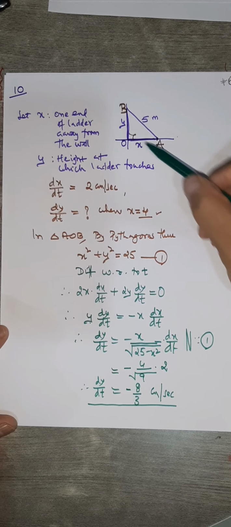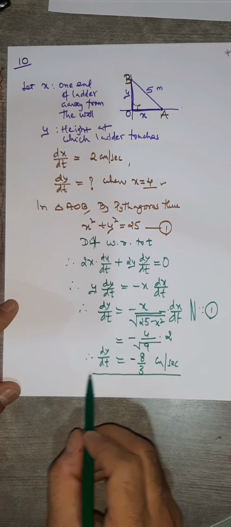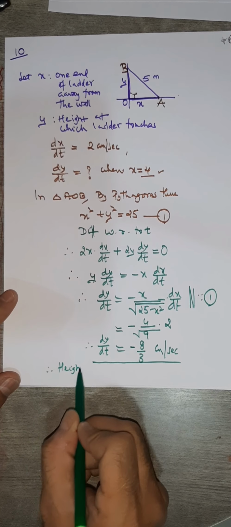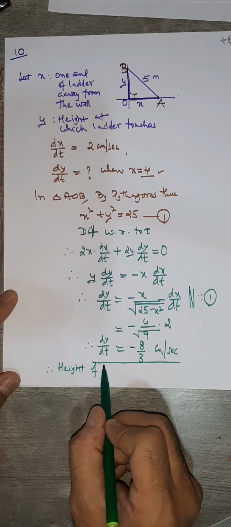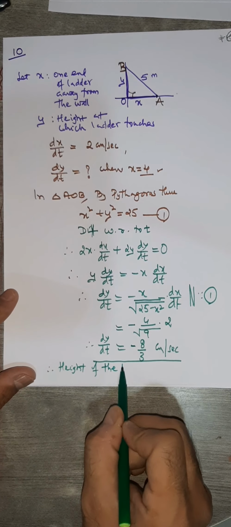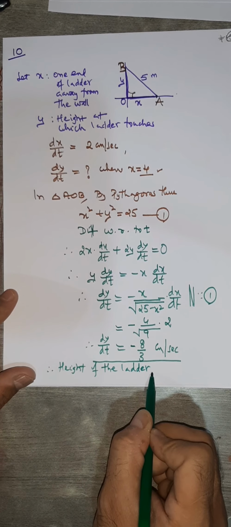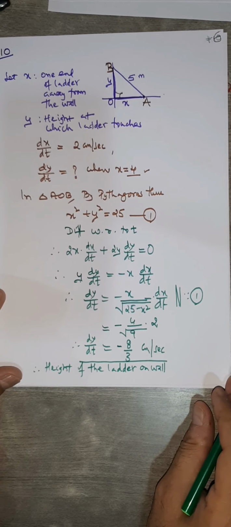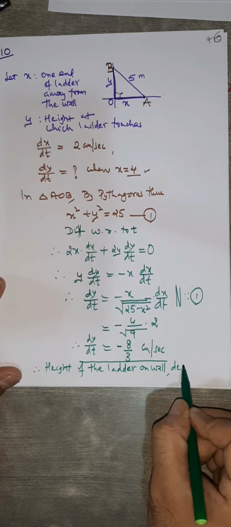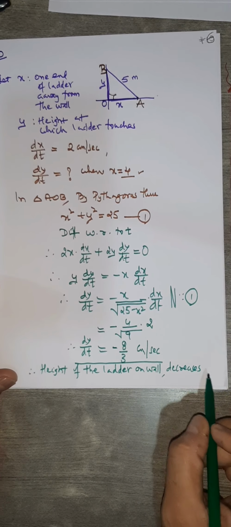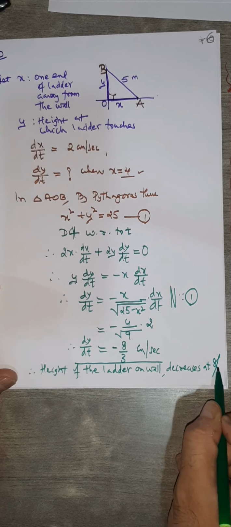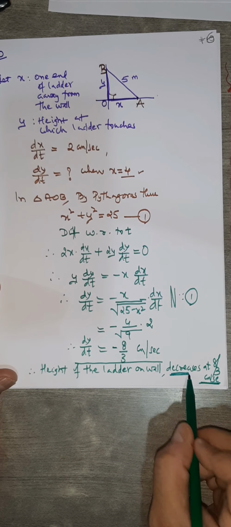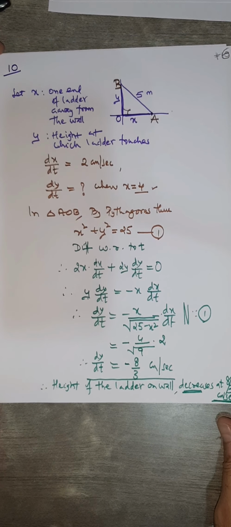So I'll write here, you can write here, height of the ladder on wall decreases at this much rate, decreases at 8 by 3 centimeter per second rate. So there is a decrement in the height. The other one was increment.